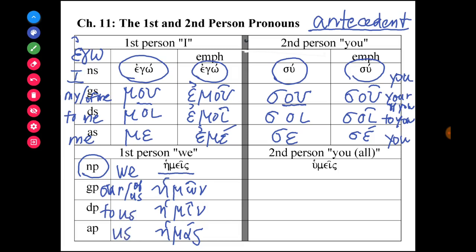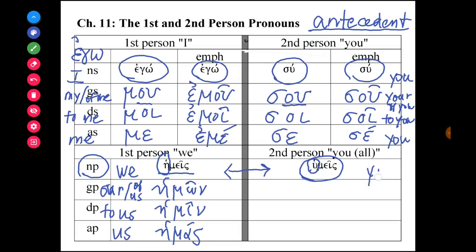And what if we wanted to do the you, but in its plural form, so not you singular, but you plural? Well, the nominative plural form would be humeis. And by the way, I think a common Greek mistake is to confuse the we with the you. So just remember that the we, or the first person plural forms, always begin with an eta, while the you, the second person plural forms, always begin with that upsilon, and they both have rough breathing marks.